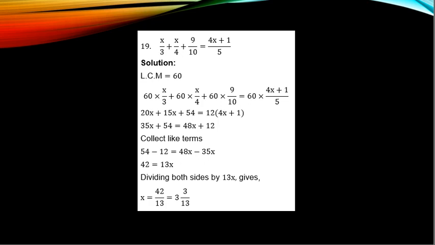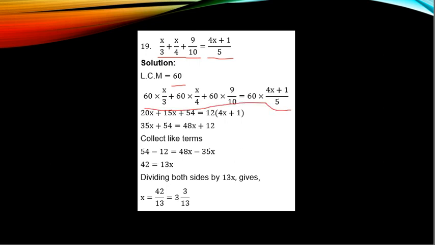Example 19. You have s over 3 plus s over 4 plus 9 over 10 equal to (4s plus 1) all over 5. The LCM is 60. That is, the LCM of 3, 4, 10, and 5 is 60. Multiply each term by the LCM to clear the fractions, and that is the step that you have here.